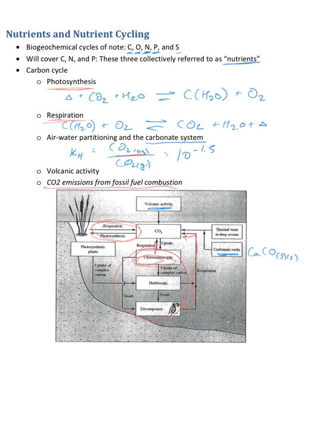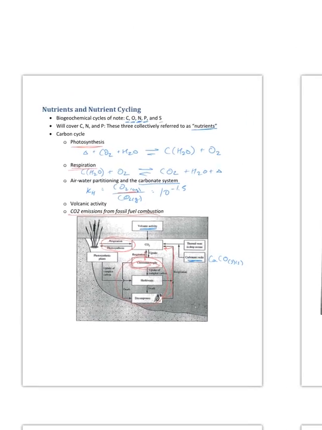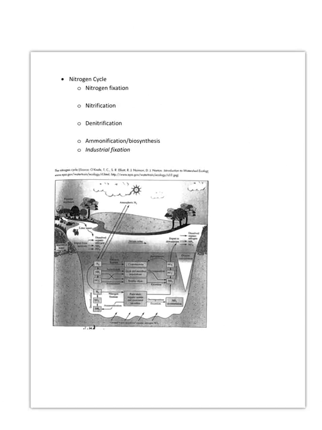And then, as we've also talked about, that will eventually wind up lowering the pH of aquatic systems as more carbonic acid is introduced. And that's the ocean acidification problem that we know about. So that's the carbon cycle in a nutshell. Now we're going to move on to the nitrogen cycle.